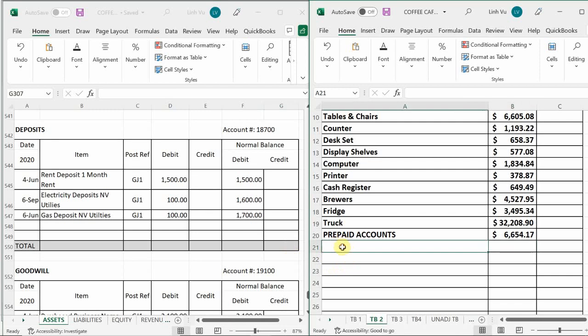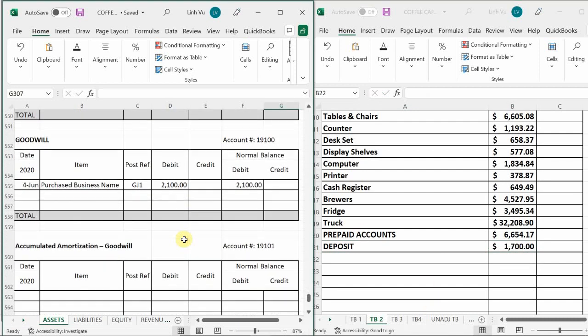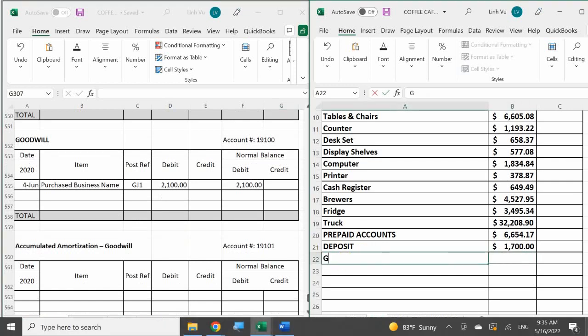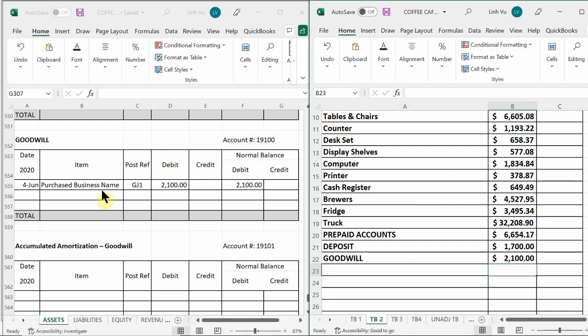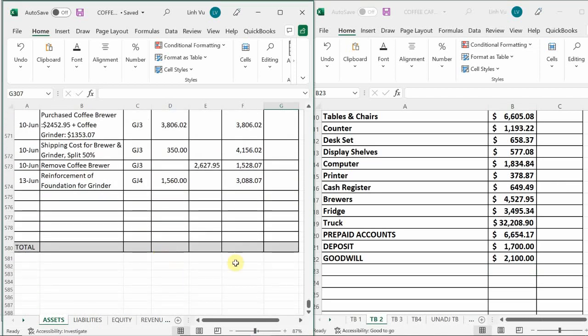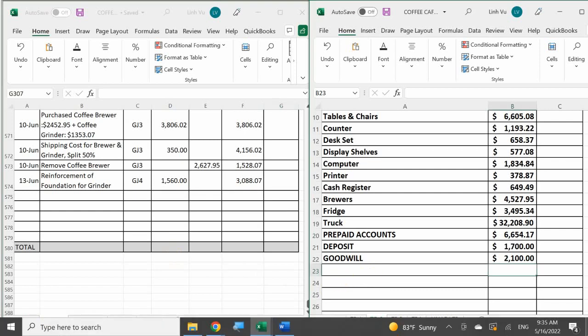Deposits. Still have my rent, electricity, and gas deposit for 1700. I still have goodwill that I purchased from the business for 2100. Miscellaneous suspense. I actually do have something in that account. That's where my coffee grinder is right now.